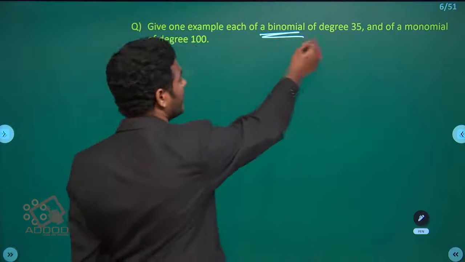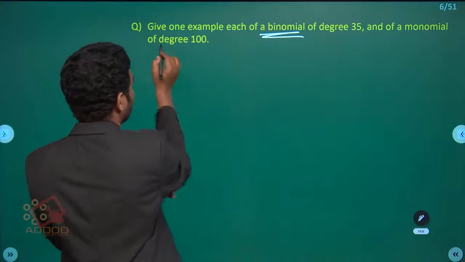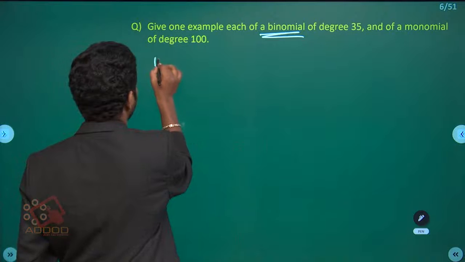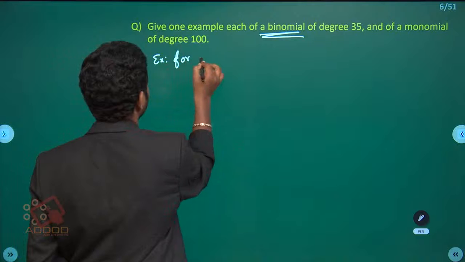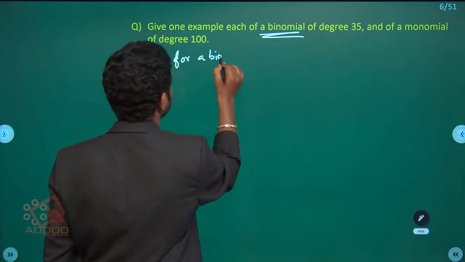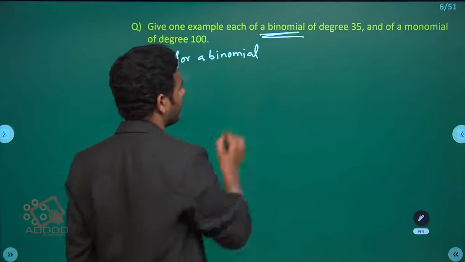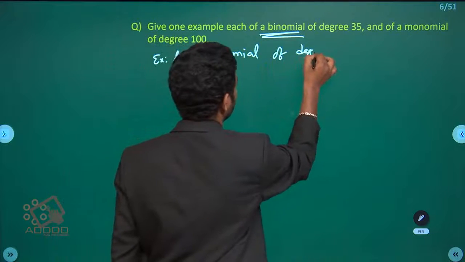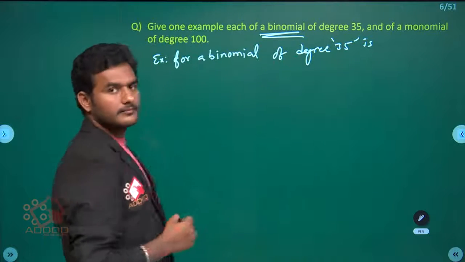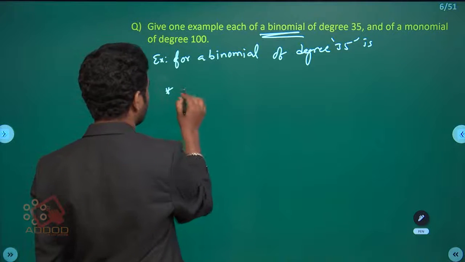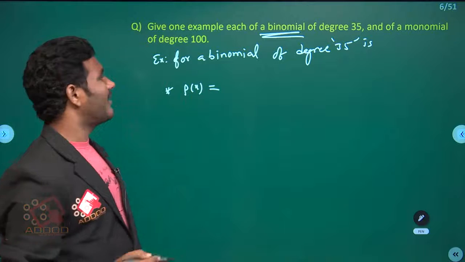So here we need to write a binomial with degree 35. Example for a binomial of degree 35: for example, I can write p of x is a polynomial.